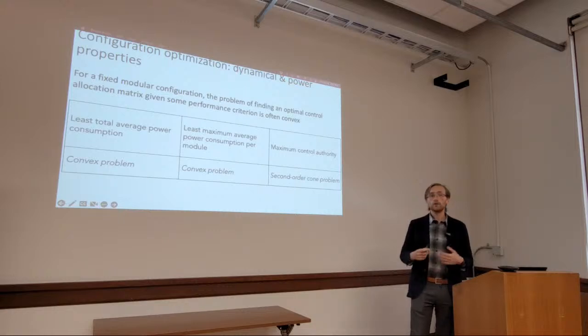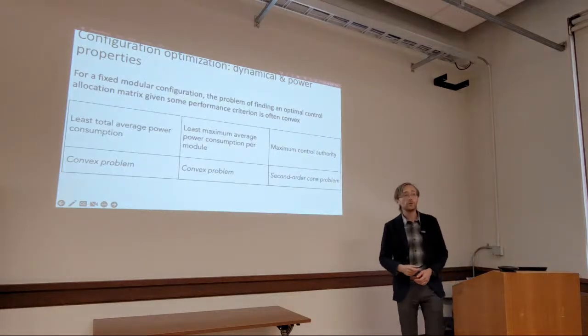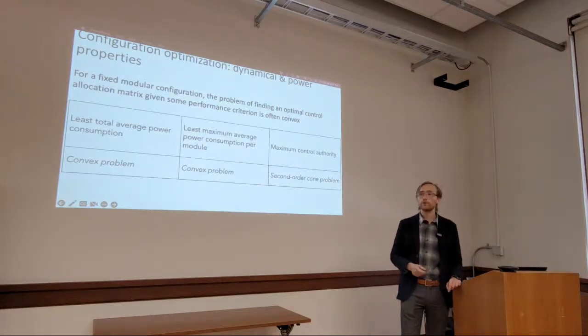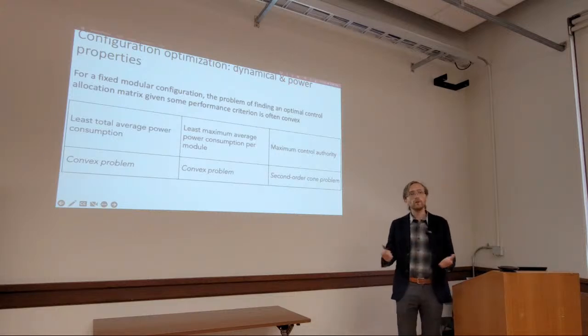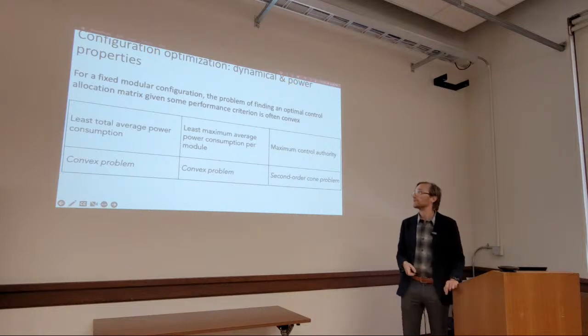And so if we have an over-actuated vehicle, there's an infinite number of control allocation matrices, and we want to find the optimal one given some criteria. If we look at average power consumption, finding the optimal control allocation matrix results in a convex problem. What it means is, because it's a convex problem, any local minimum is a global minimum, and that makes it easier to find in practice.